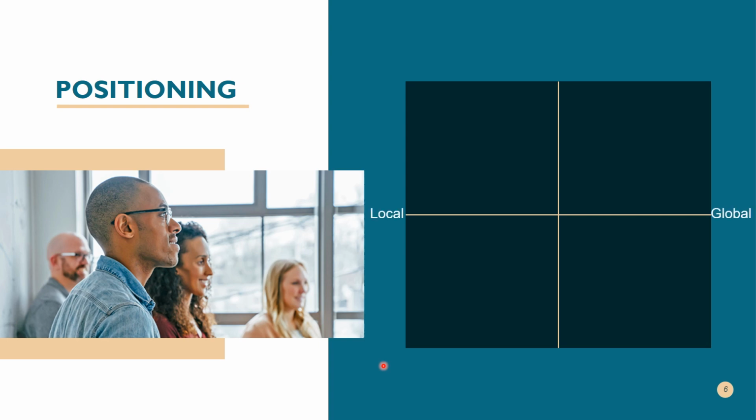So we're going to go with geography, okay? Is your nonprofit more of a local nonprofit or a global nonprofit? Where does it lie along this line? Is it more global or is it local, right? Some of them are a local chapter of a global, which would probably put it in the middle, okay?